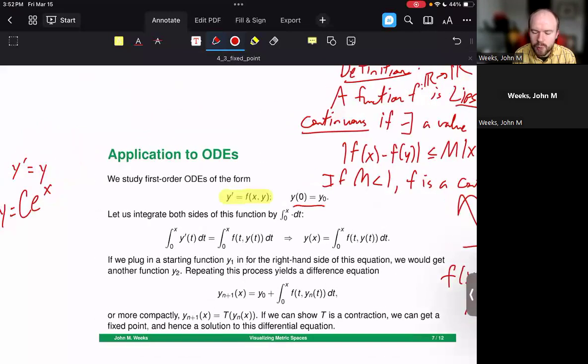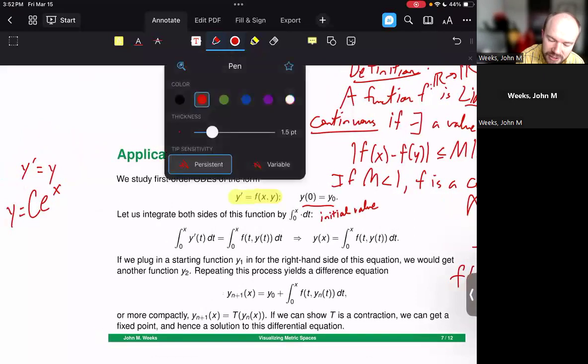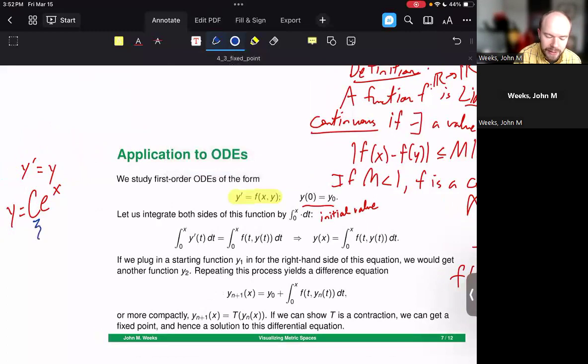You also can have y of 0 equals y naught, an initial value given to your problem, and it tells you how to solve for this particular constant c. When I plug in 0 for this function y, wherever I see an x, I plug in 0, and then I can solve for c.